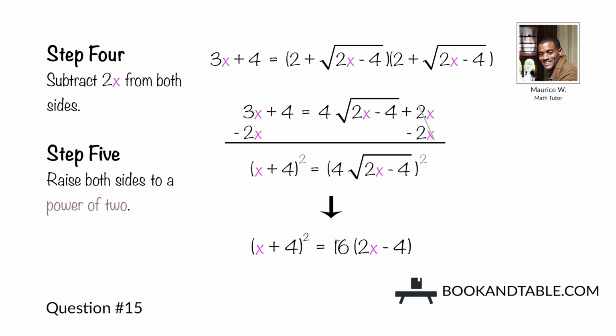We can expand this by distributing the 16 to each term. 16 times 2x is 32x, and 16 times negative 4 is negative 64. And now we can expand this expression with the FOIL method.